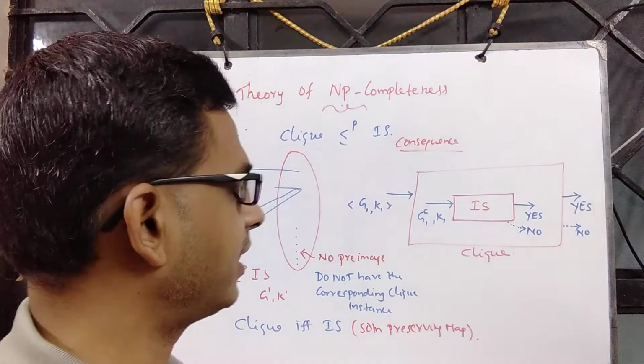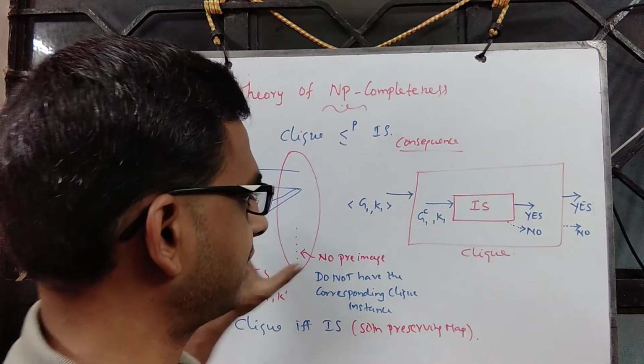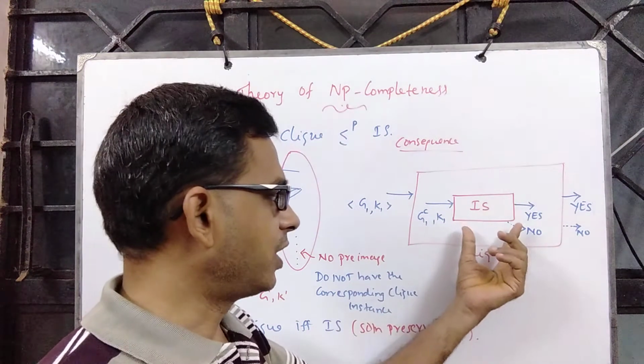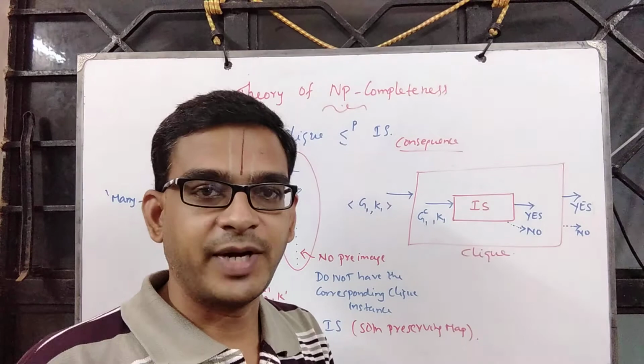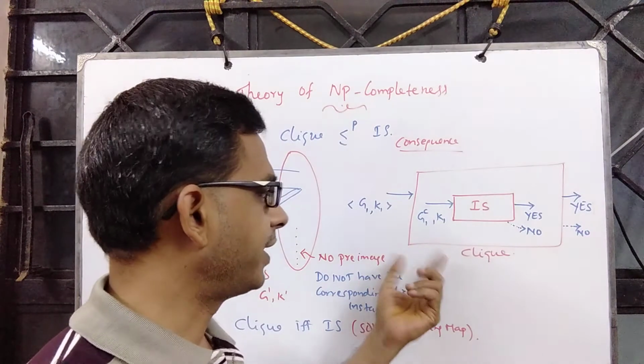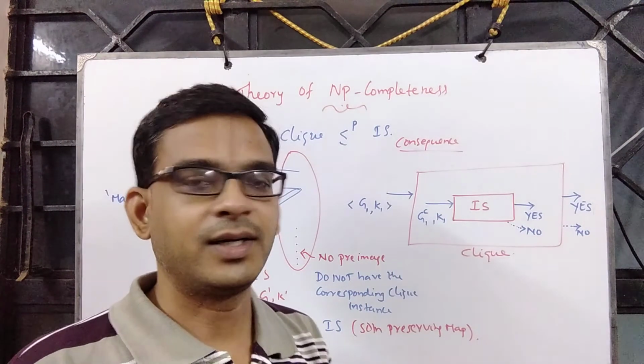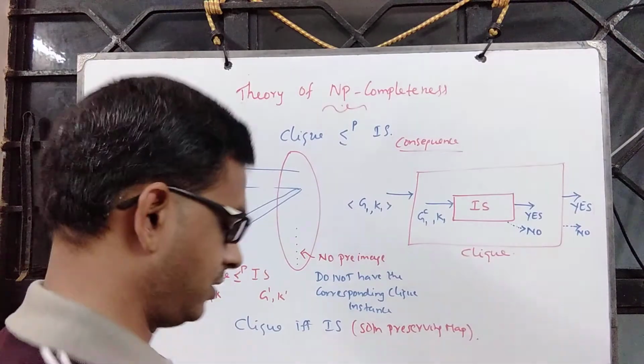What you get out of polynomial time reduction is the following. A solution to independent set can be used as a black box to solve the clique problem. That's the immediate consequence.